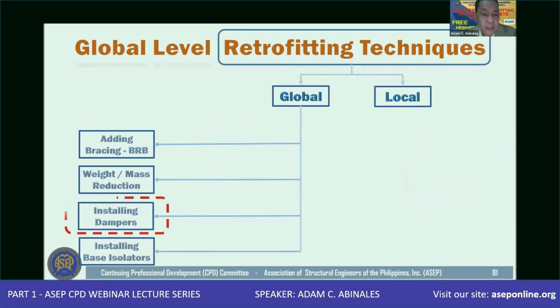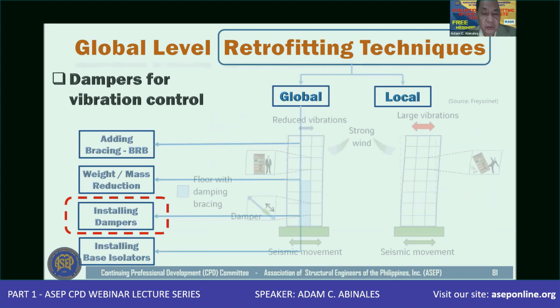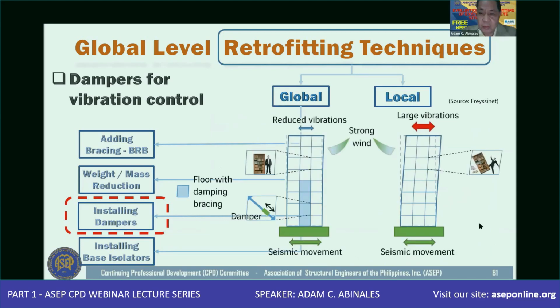So installing dampers as a vibration control device, the effect would be this: if you have a building without dampers, then if you are at this particular floor or level of the building, you expect that the vibrations of the building would be very excessive, to the point that you cannot withstand the shaking because of the ground movement.